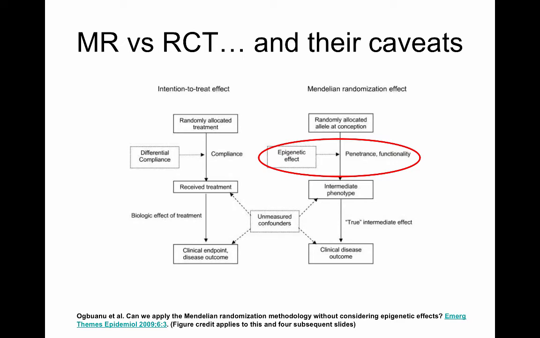You may recall from Stephen's very first lecture that Mendelian randomization is similar to a randomized trial. Randomization ensures that on average there is no relationship between various potential confounders and the treatment or the intermediate phenotype, and so you can estimate the causal effect of the instrumental variable on the outcome. And you can see that paradigm here on this slide. But here's the caveat.